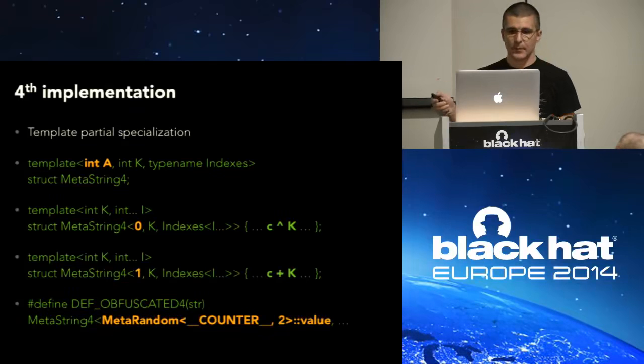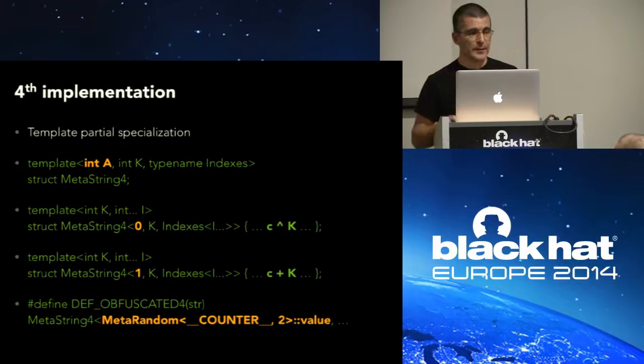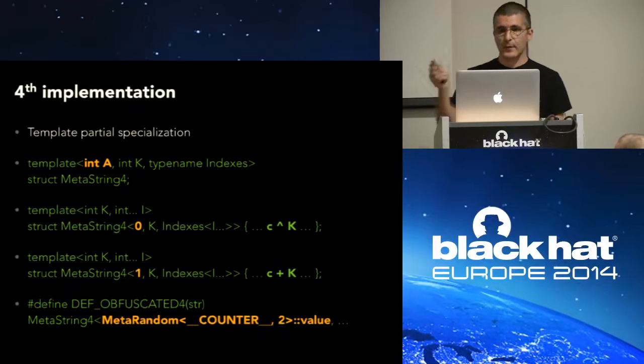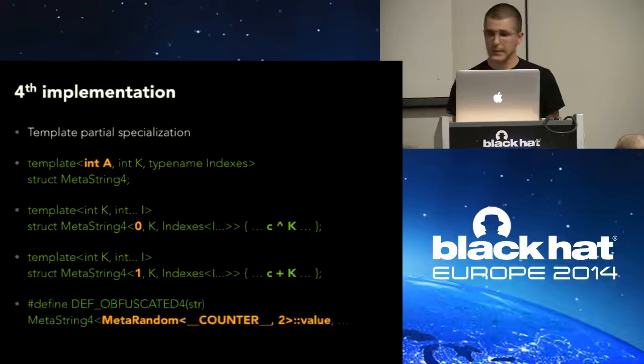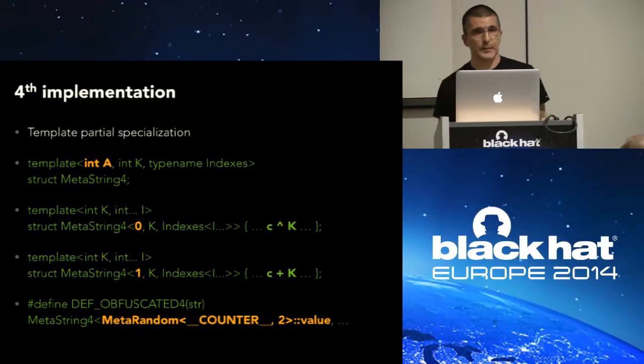So you declare the class with this parameter, an int, and you say for 0, this is the implementation. For 0, for example, I will use XOR. And for 1, I will use another implementation. And in this case, I will just add the key, etc. You can make as many implementations as you want. And again, I will reuse my meta-random to select this value randomly at compile time.